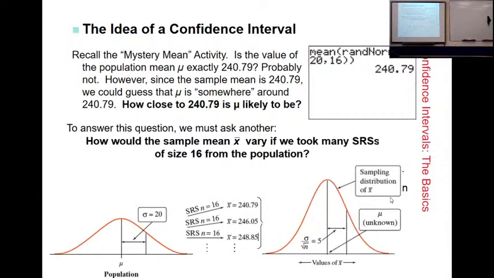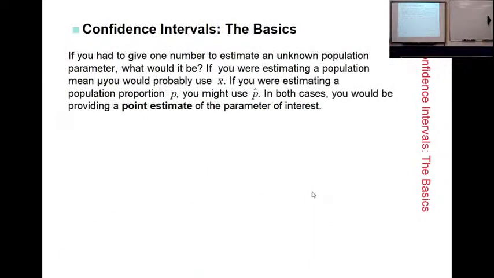And so that's what the sample mean would look like. So we're using this sampling distribution to work backwards to try and figure out what range of values is reasonable for the population mean. And now we get to where you are at in your notes.